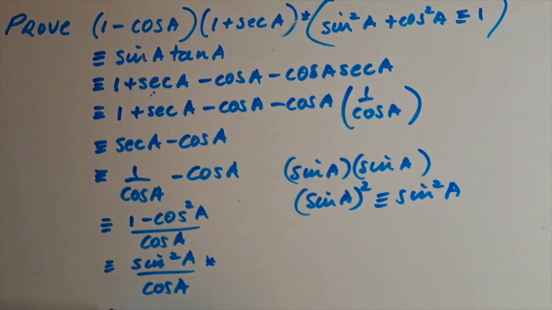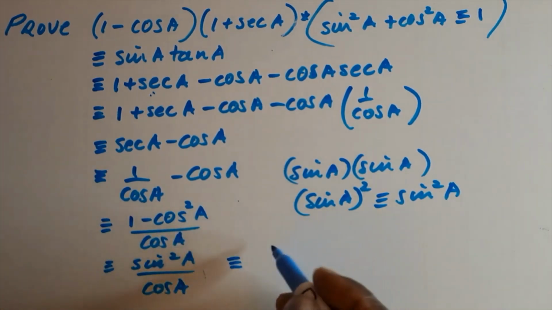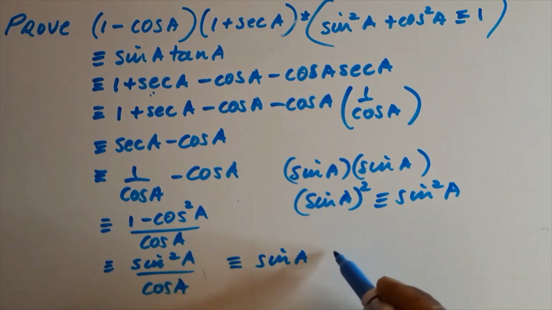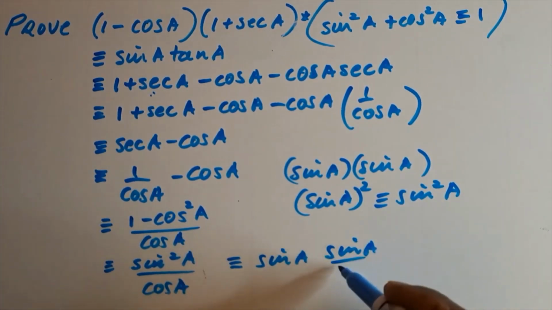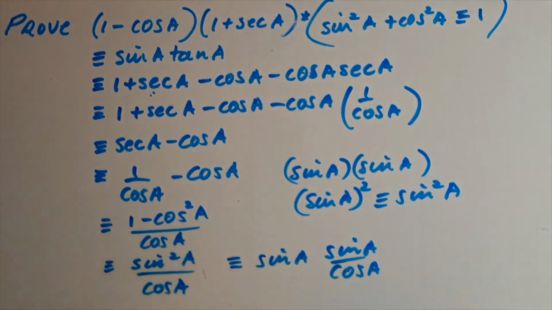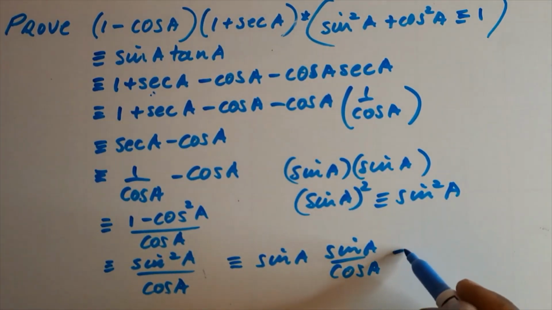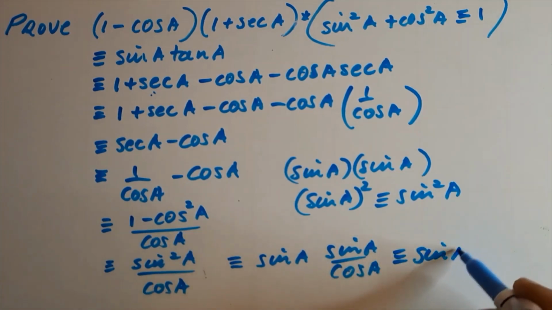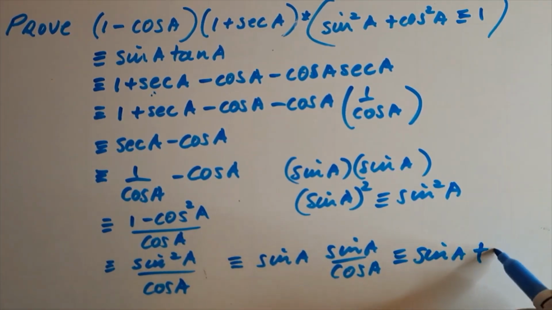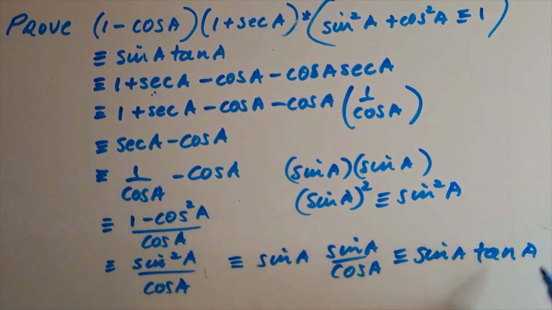So we can write this as sine A times sine A over cosine A. And you should be able to see that we can write this as sine A tan A.